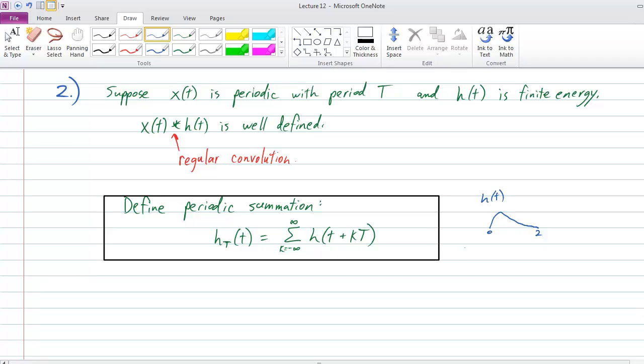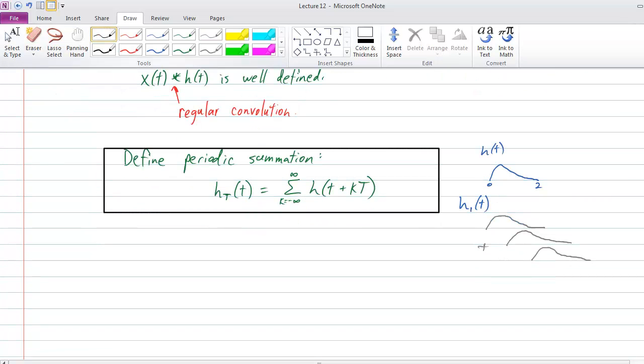Then that means that h1 of t, the periodic summation of period 1, is going to result in this plus this plus this, and so forth all the way in both directions. Add them all up, and you're going to get something that looks like this. All right, so this would be h1 of t.